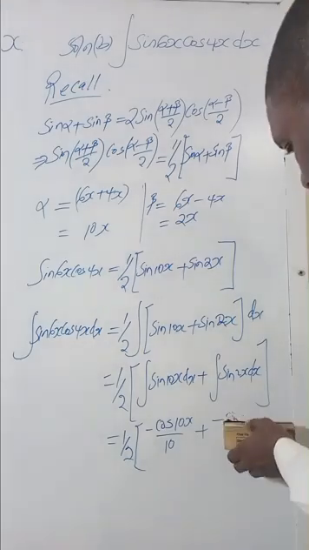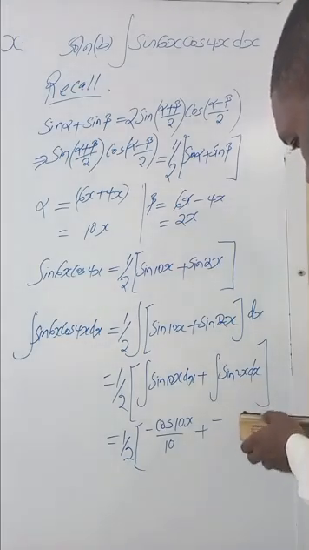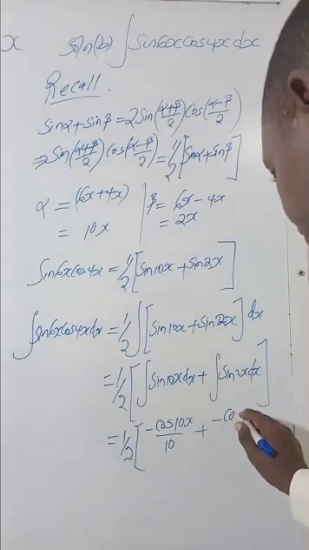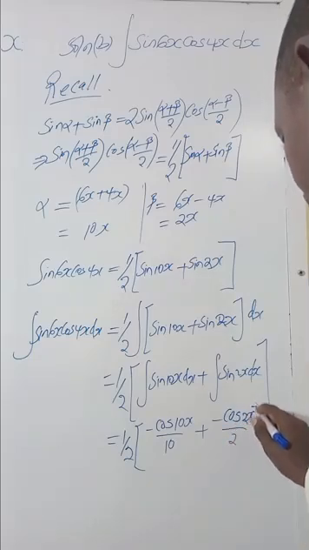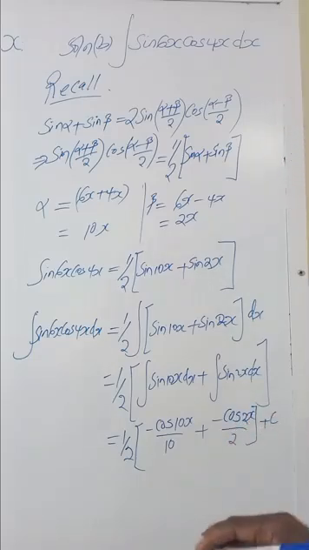And this one gives us similarly, integrating sine, we get negative cos 2x divided by 2, then add the constant.